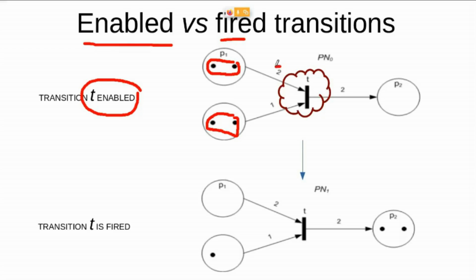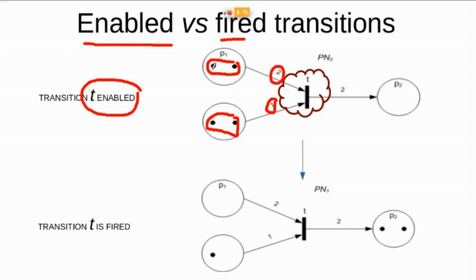Let's have a look at here. Here we have, in this arc, a weight of 2. And here we have a weight of 1. That means that for the process to be in the next stage, in the next state of the system, we need 2 elements in here, and we need at least 1 element in here. So at least 2 elements in P1 and at least 1 element here in the other condition.